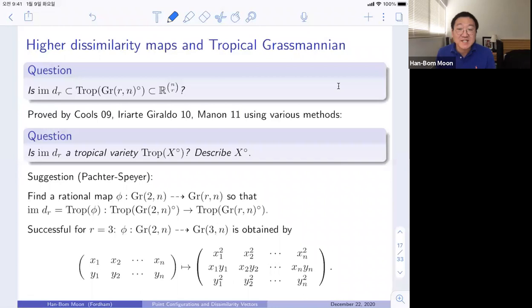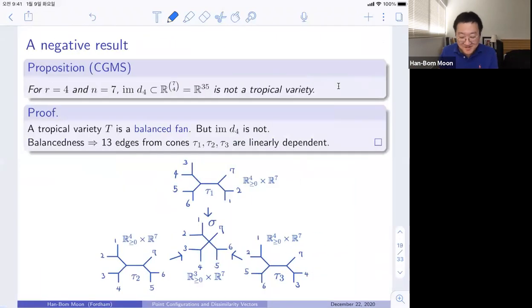Surprisingly, the question is really elementary, but people couldn't find the right candidate for the variety X. The reason is simple, because the image of the R dissimilarity map is not a tropical variety. So here is the idea of the proof. We calculated the simplest non-trivial example, R is 4 and N is 7.